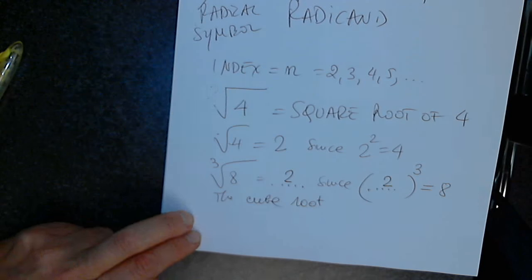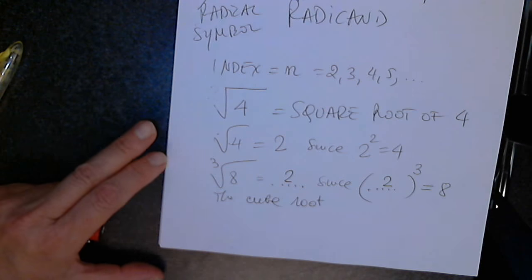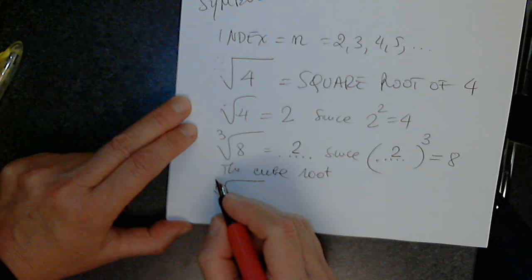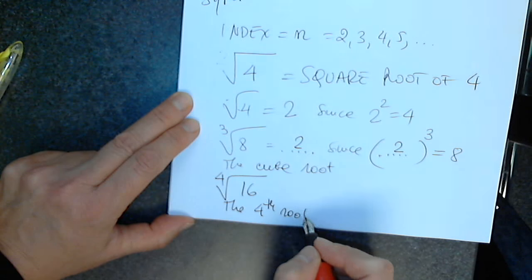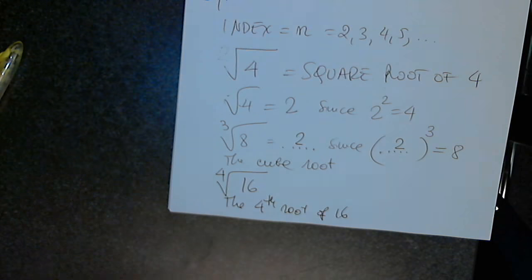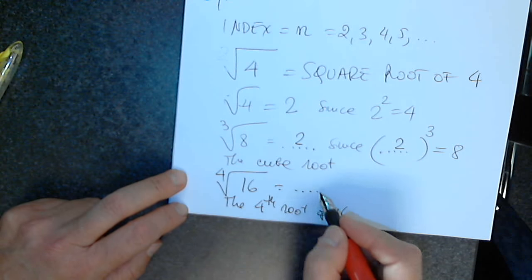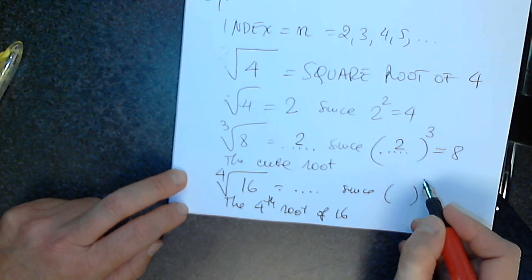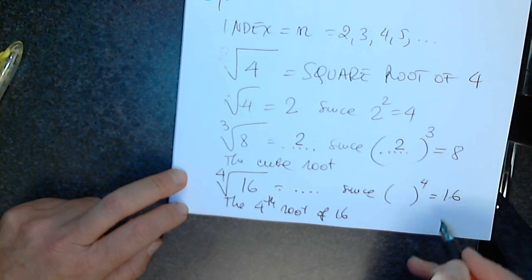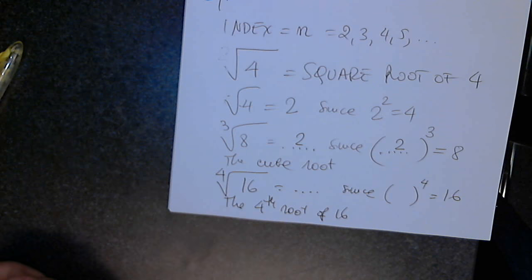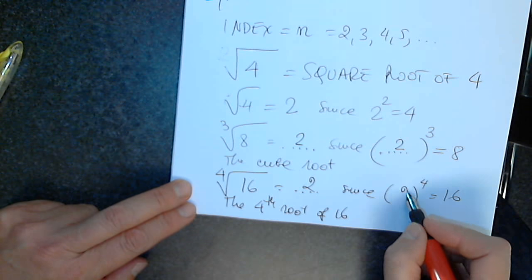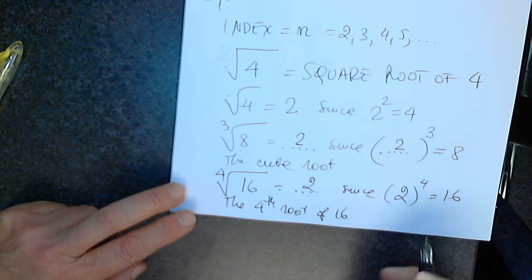It is 2 because 2 to the third is 8. What about the fourth root of 16? The fourth root of 16 is, since what? Very good, because 2 to the fourth is 16.